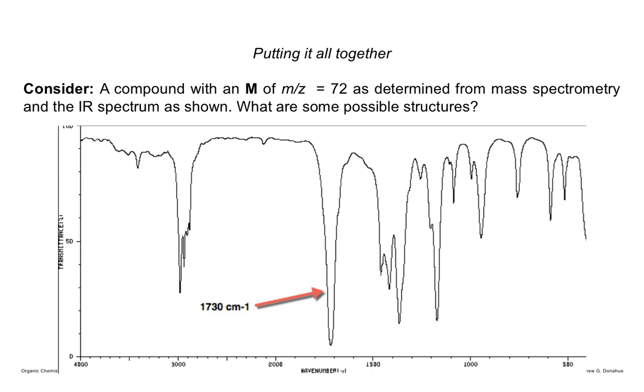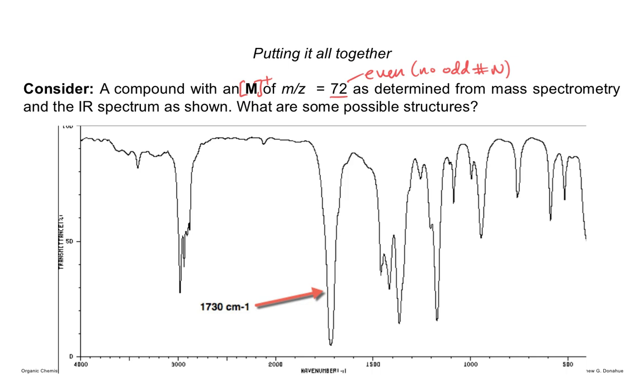So let's start off here. It says a compound with apparent ion of mass to charge of 72, so that's even. So no odd number of nitrogens. As determined by mass spec, and the IR spectrum is shown, what are some possible structures?